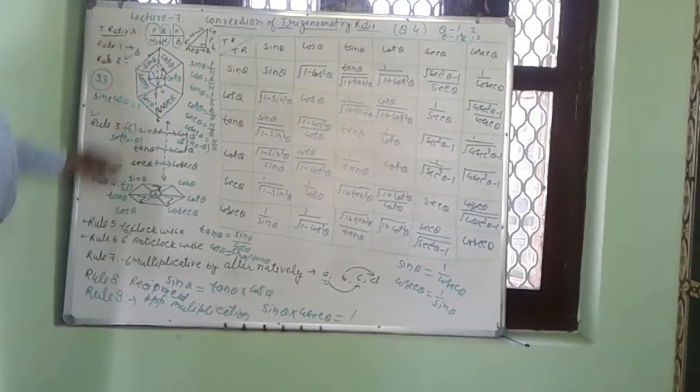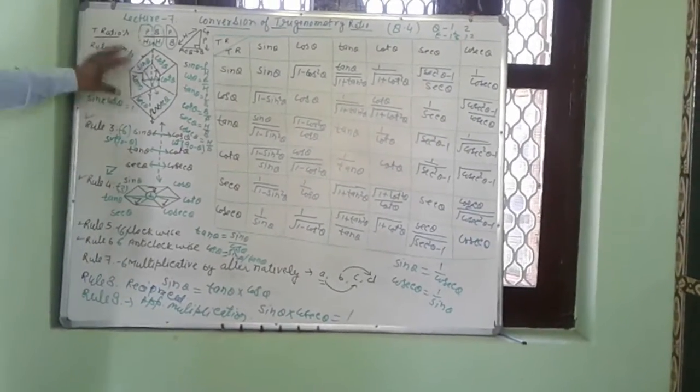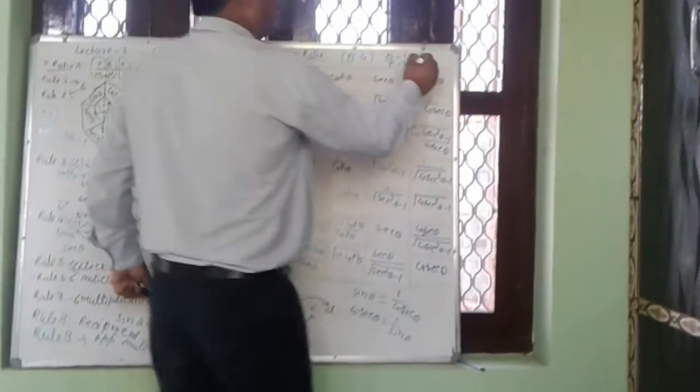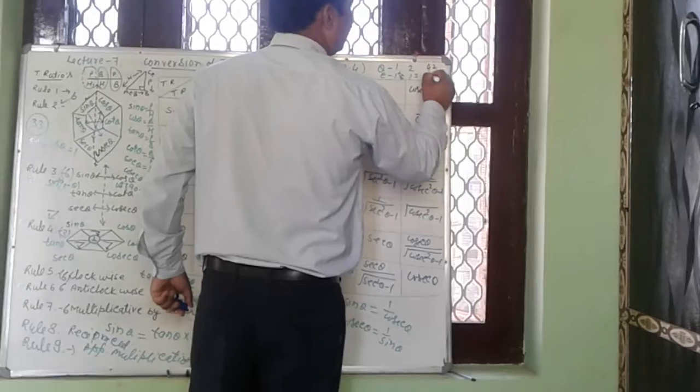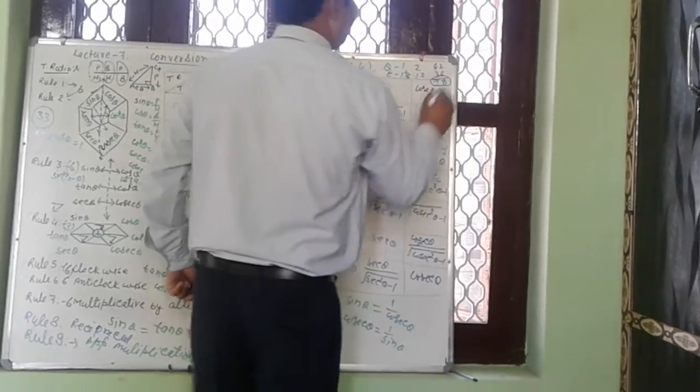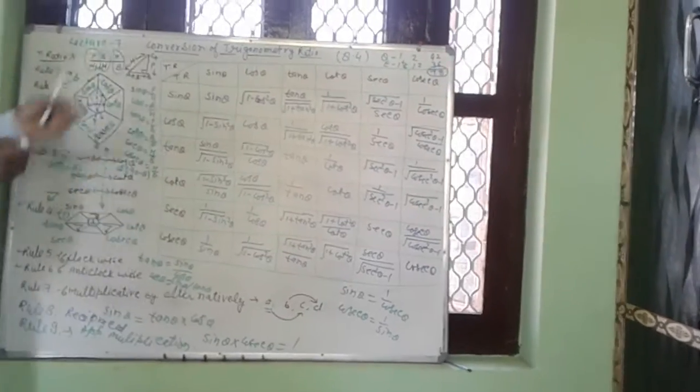So the total is 42 from here and 36. It means 42 plus 36, that is 78 formulas come from here.